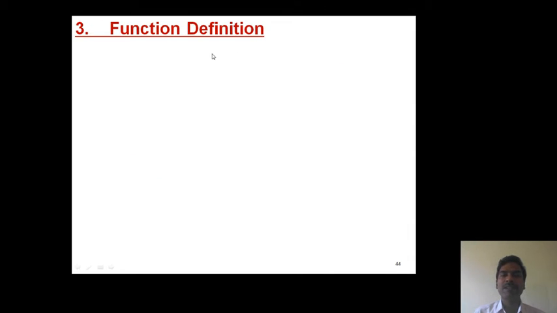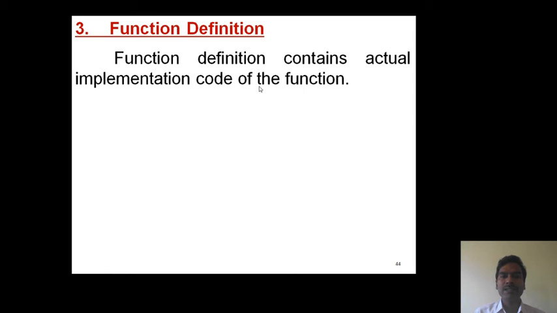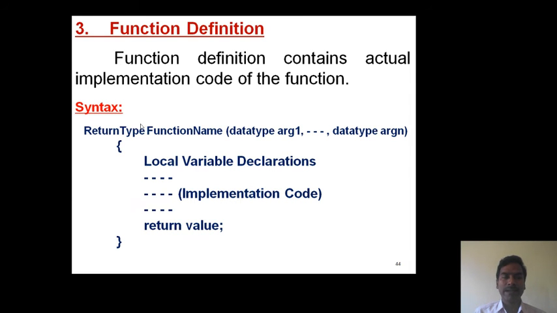Third part, function definition. The function definition contains the actual implementation code of the function. The syntax: return type, function name, within parentheses data type argument 1, comma, data type argument 2, comma, and so on, data type argument n, surrounded by a pair of braces that consist of local variable declarations, implementation code, and return value.